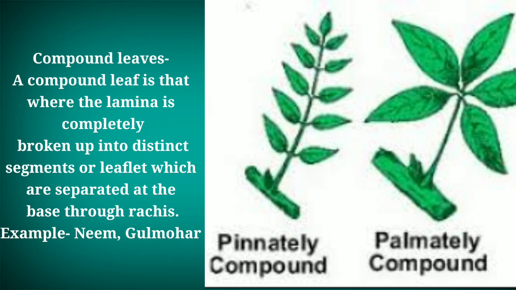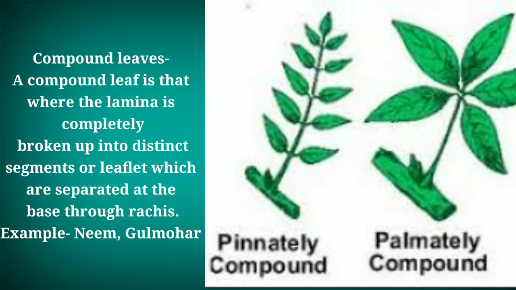Also, another important difference is that in the simple leaves, the axil bears the axillary buds, but in case of the compound leaves, though the axil of the main leaf bears the axillary bud, the leaflets don't bear any kind of axillary buds. The leaflets cannot again form other leaves from it.